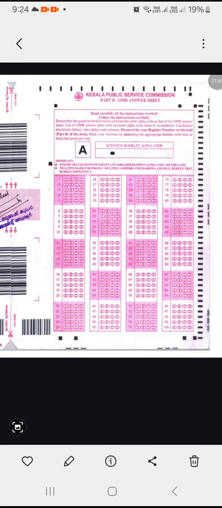In the final answer key there might be some errors, and when we get the final answer key, if there are 100 questions, almost 5 to 10 questions will be deleted from the Kerala PSC question paper. That is a usual thing happening in the Kerala PSC.